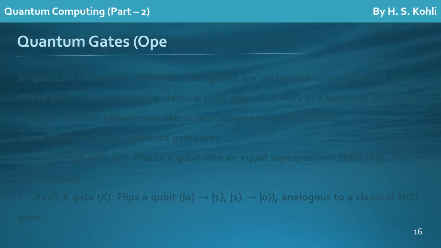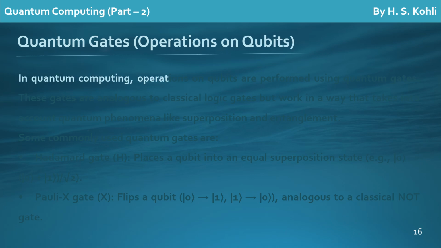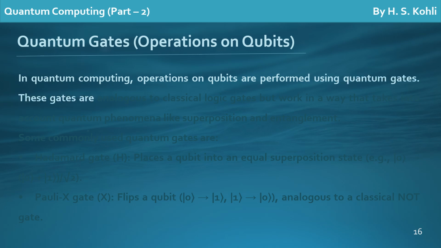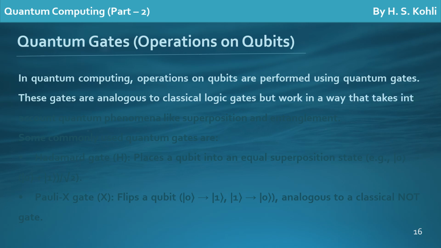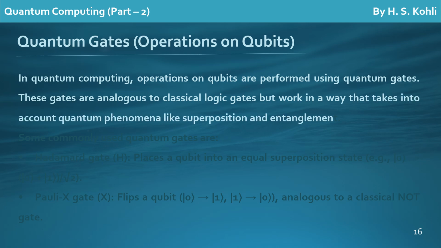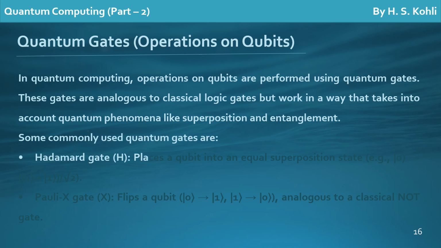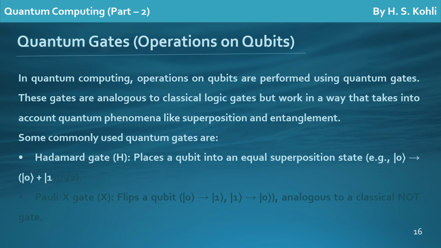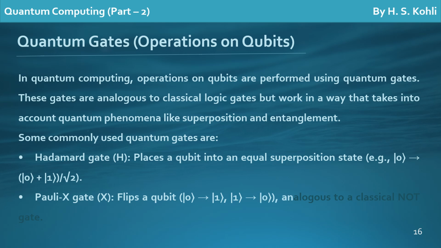Quantum gates: operations on qubits. In quantum computing, operations on qubits are performed using quantum gates. These gates are analogous to classical logic gates but work in a way that takes into account quantum phenomena like superposition and entanglement. Some commonly used quantum gates are the Hadamard gate. H places a qubit into an equal superposition state, for example, ket 0 goes to (ket 0 plus ket 1)/√2. Pauli-X gate.